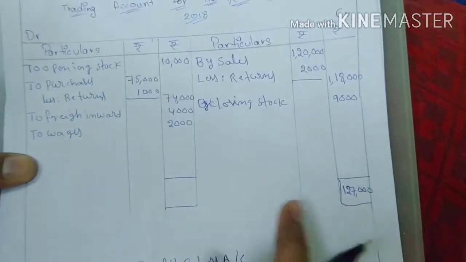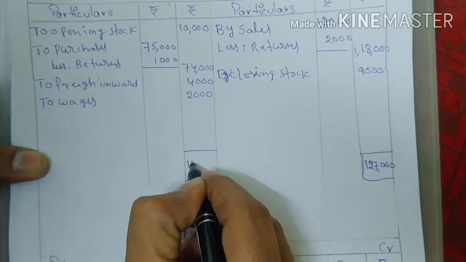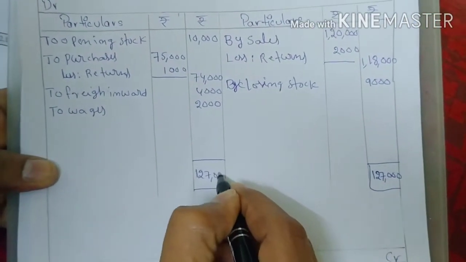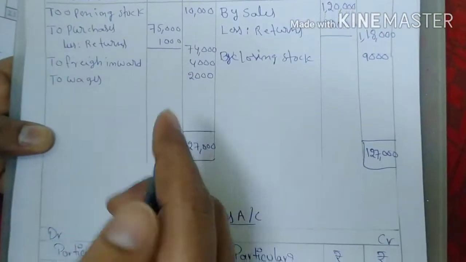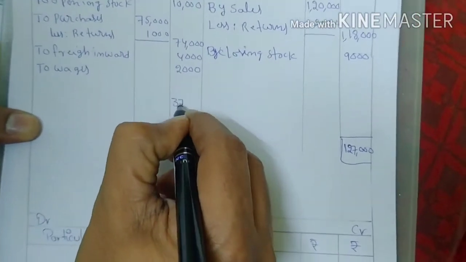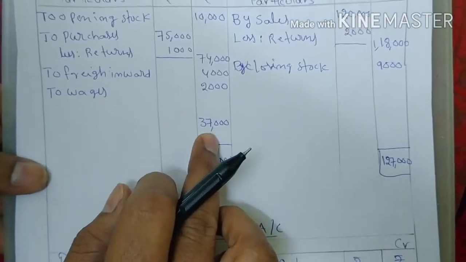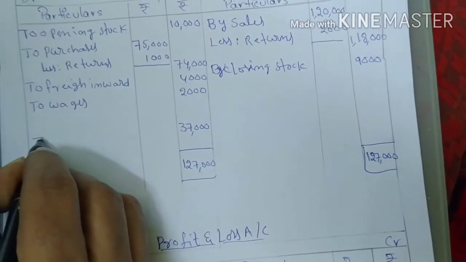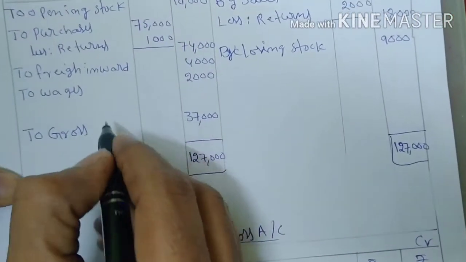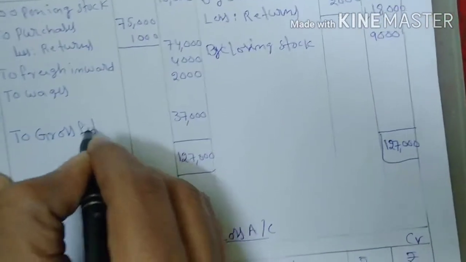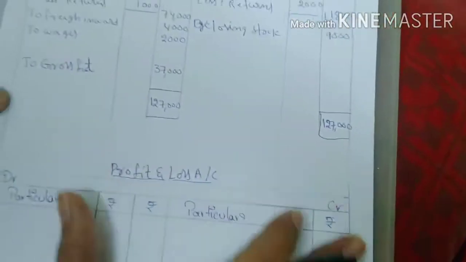That means the highest total needs to be posted on both sides, 1,27,000 minus all these transactions, that is 37,000 rupees. So 37,000 is the gross profit, to gross profit 37,000 rupees.